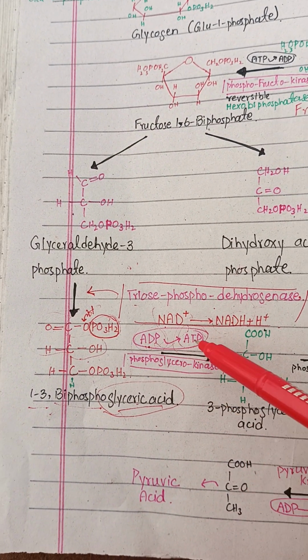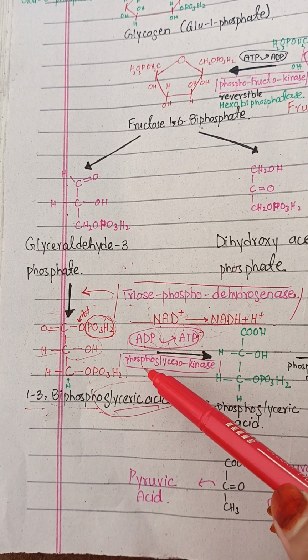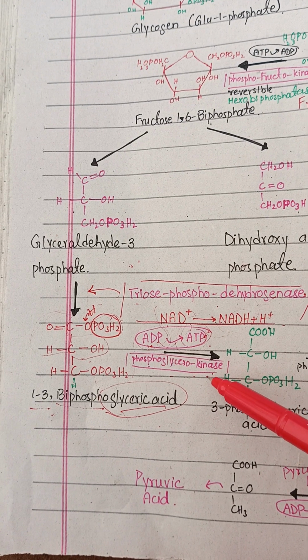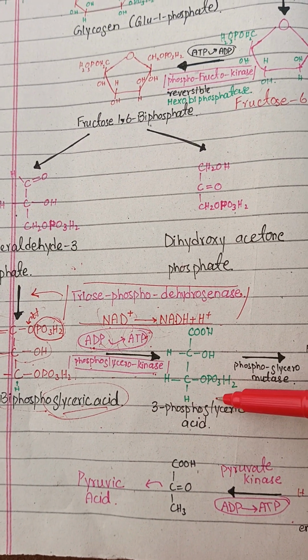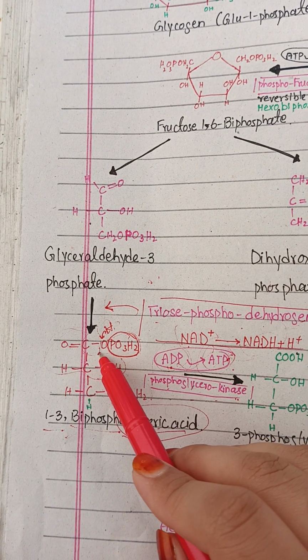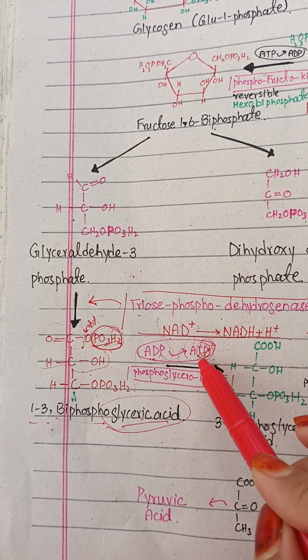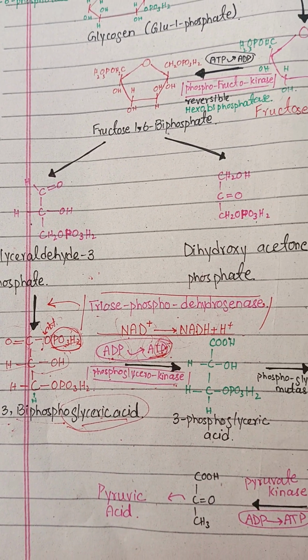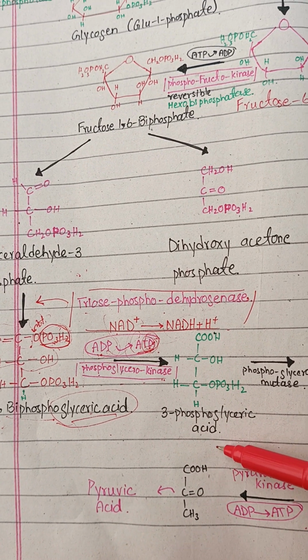Now ADP is converted into ATP, and the phosphoglycerokinase enzyme is used, and this is converted into 3-phosphoglyceric acid. Mean one hydrogen is attached with this oxygen, and this phosphate group is removed and attached with the ADP, and this structure is called 3-phosphoglyceric acid.